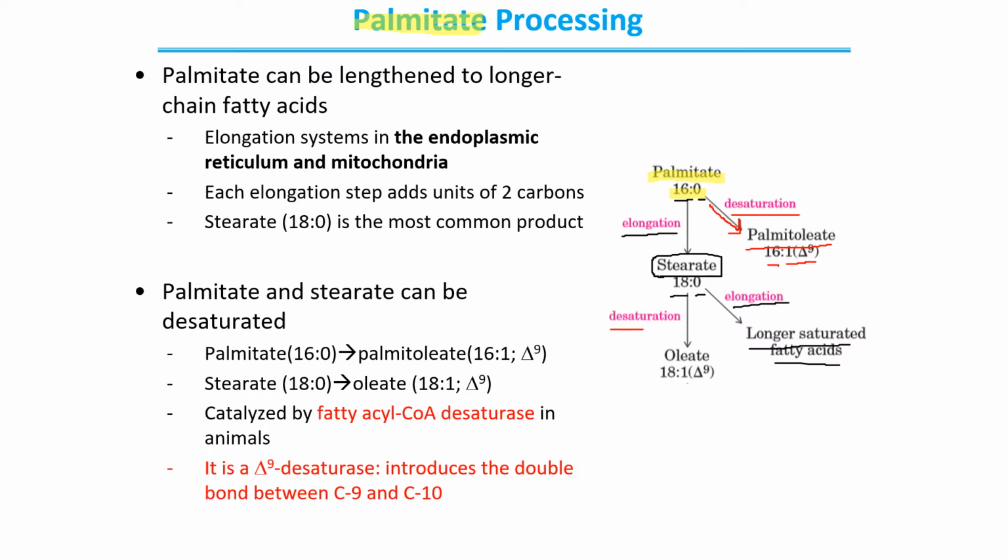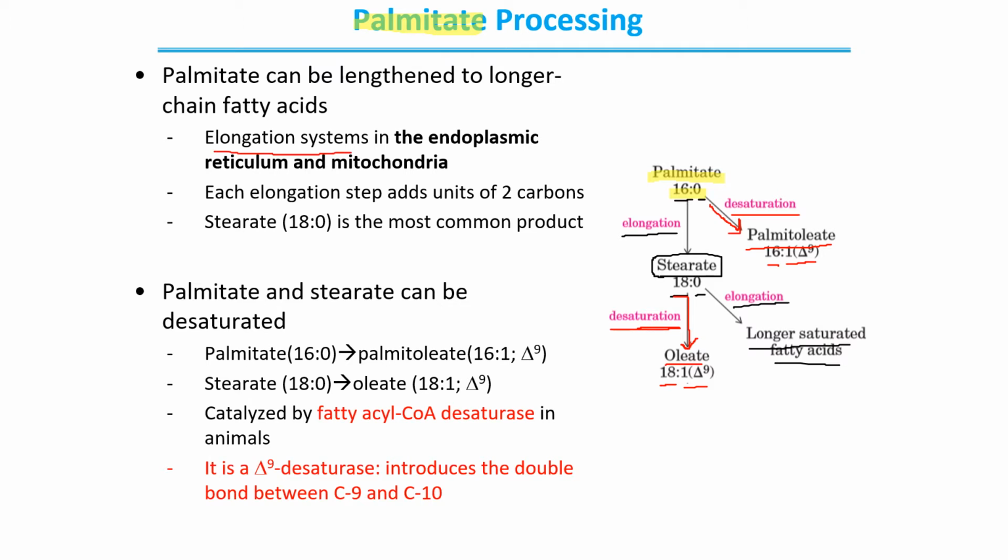Again, we can do desaturation at this step, from stearate into oleate or oleic acid. It will have the same 18 carbons as stearic acid, but it will have one double bond, again between carbon 9 and carbon 10. So this is the processing of palmitic acid, you can say.